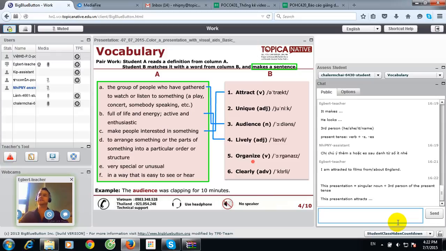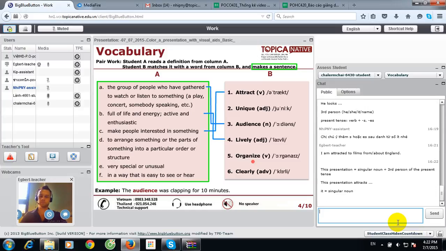All right, and then Lang, for you, definition D. To arrange something or the parts of something into a particular order or structure. Acting organized.